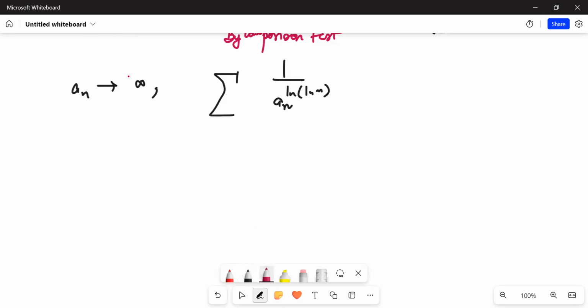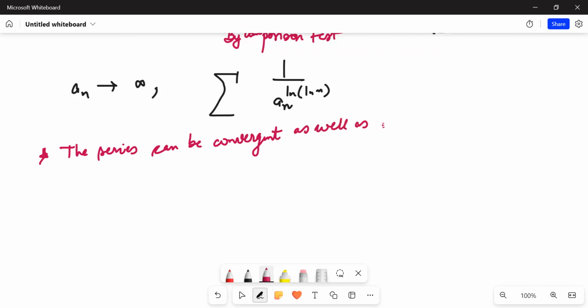Okay, so understand here no such generalization can be drawn. So I'm writing the series can be convergent as well as divergent. Let us see how.